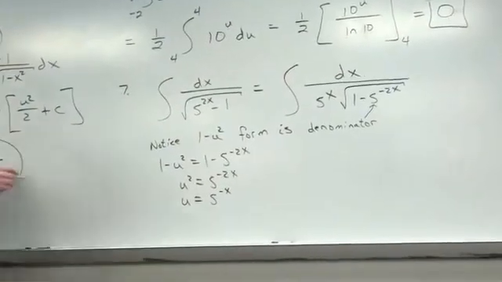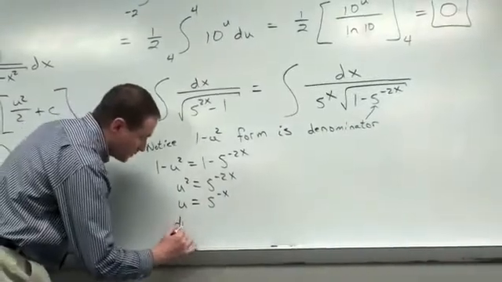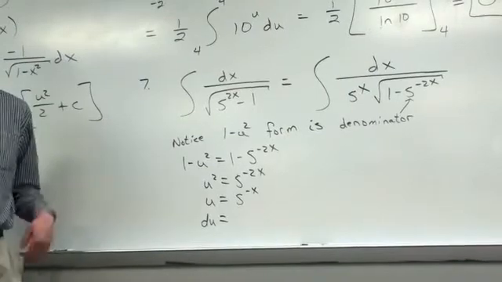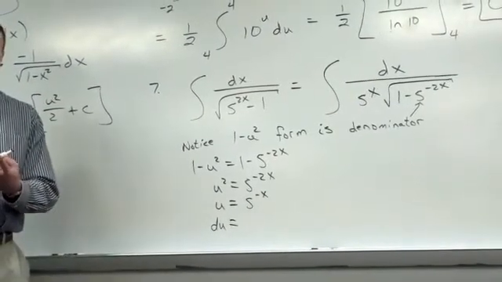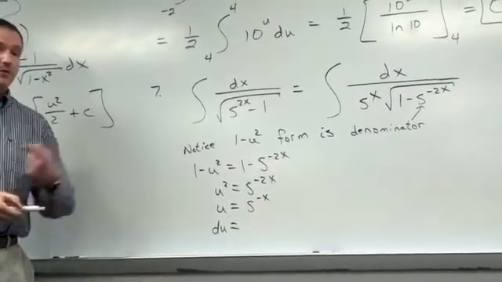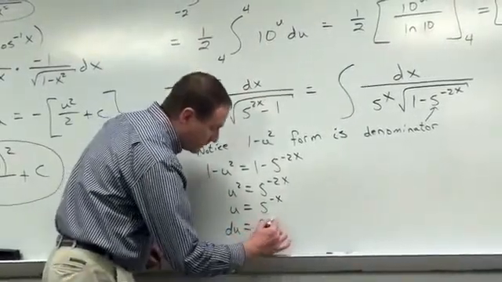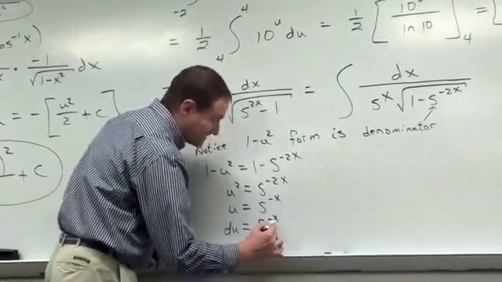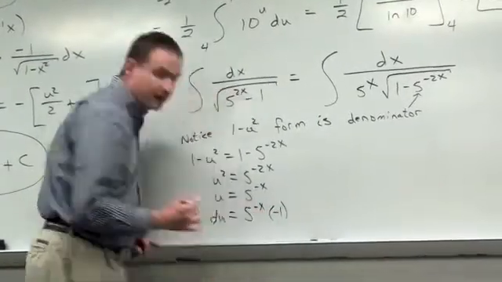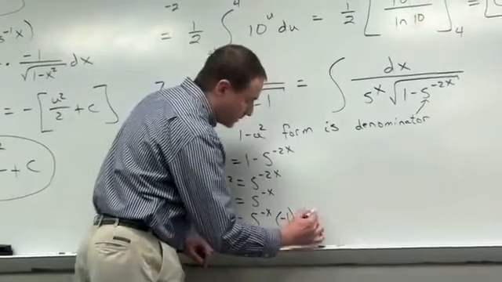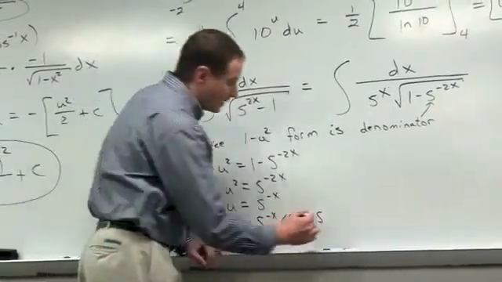So du, say the derivative of any exponential function is that exponential function times the derivative of its exponent times the natural log of its base. So I'll say du is 5 to the negative x times negative 1, the derivative of its exponent, times natural log of 5, the natural log of its base, dx.